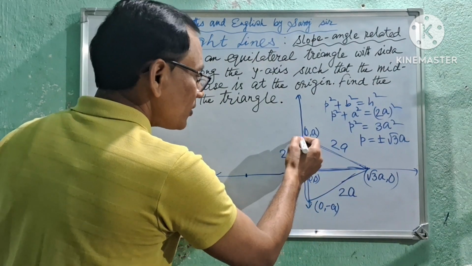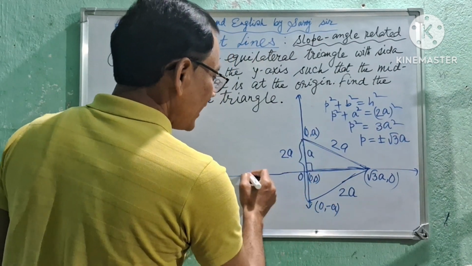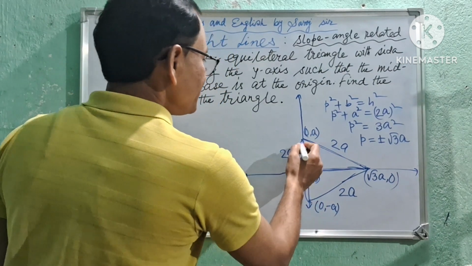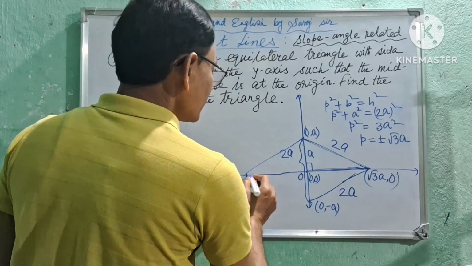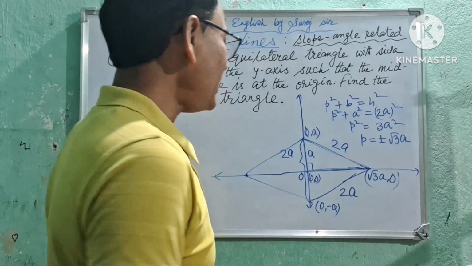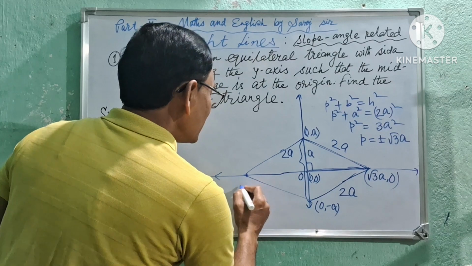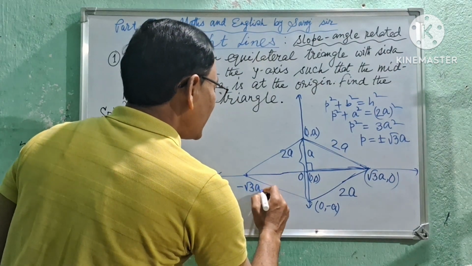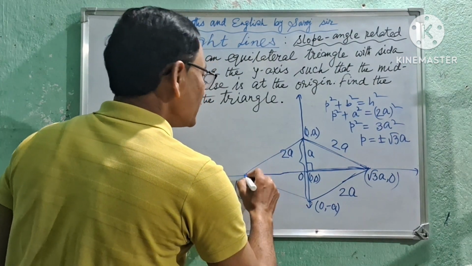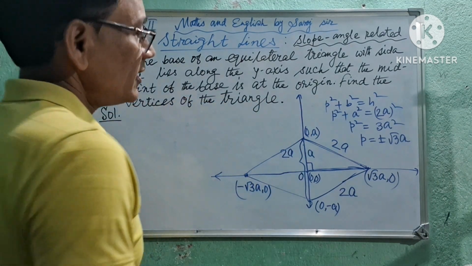In another way, we can draw the figure in this way, this and this. This is possible. So minus root 3a comma 0, this point.